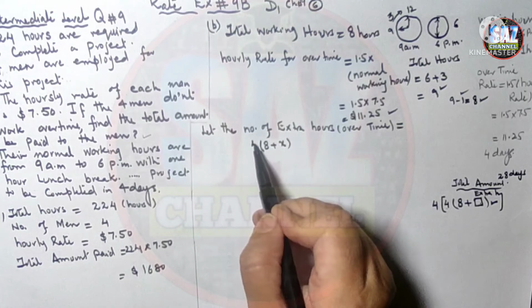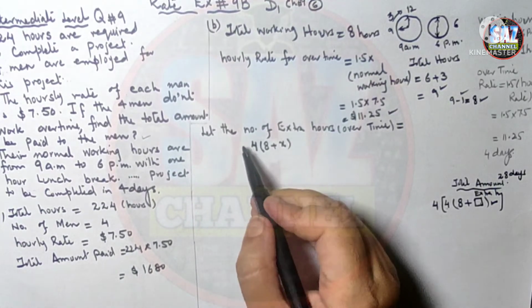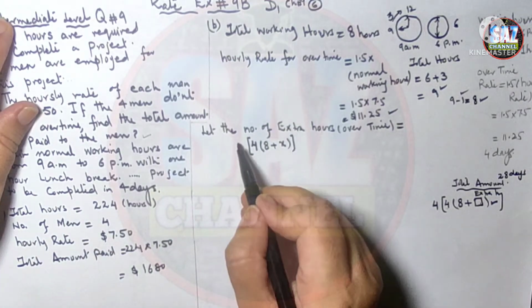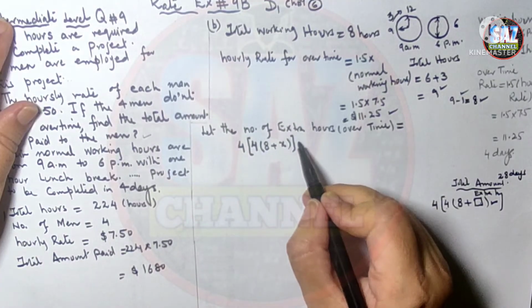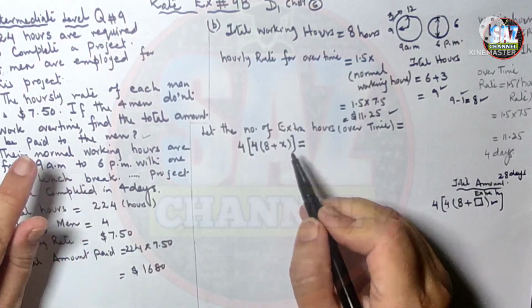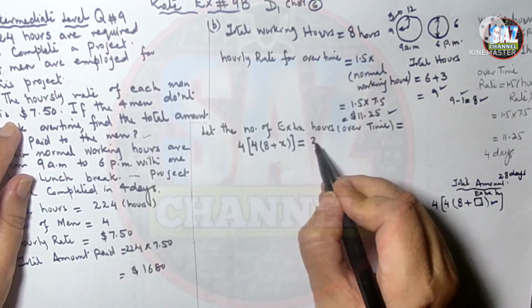Then we need the expression for 4 men, and the job has to be finished now in 4 days, the same job that we were finishing in 224 hours.